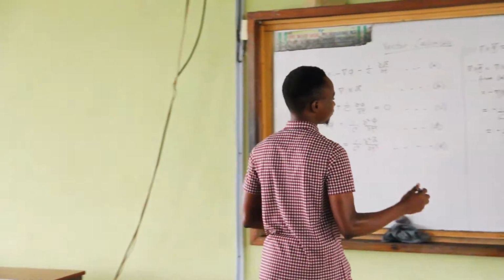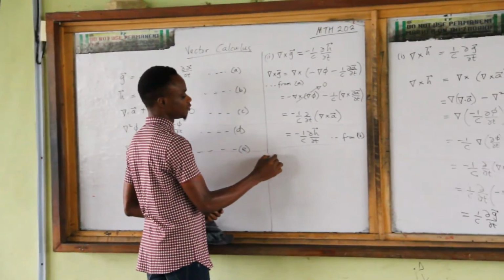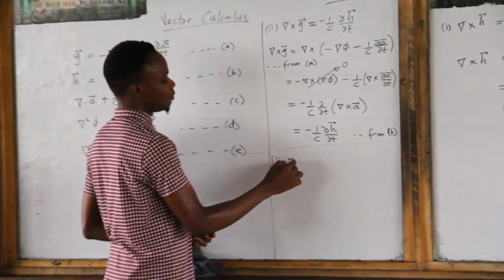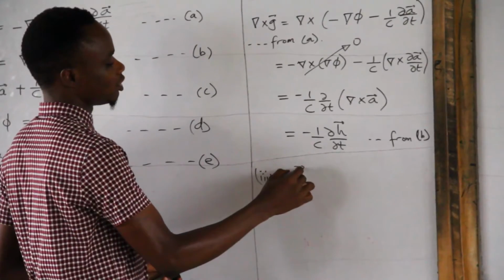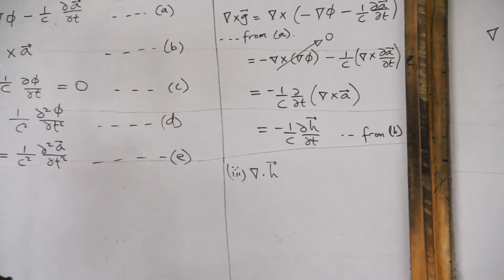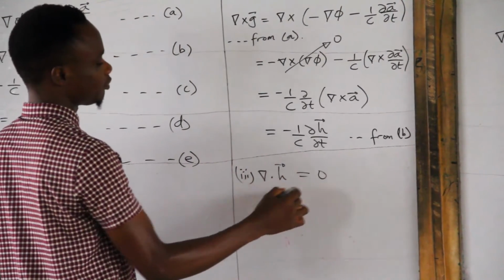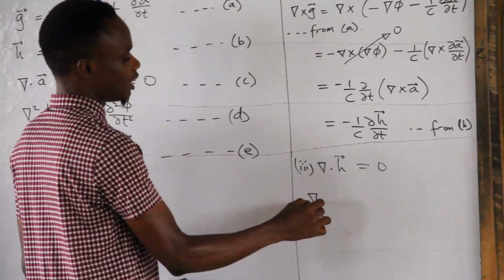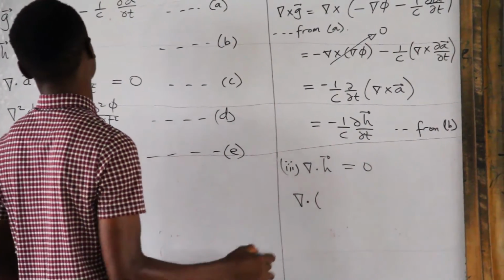What's the next thing? Nabla dot H equals gradient of group. Nabla dot H. Because nabla dot, what is H?